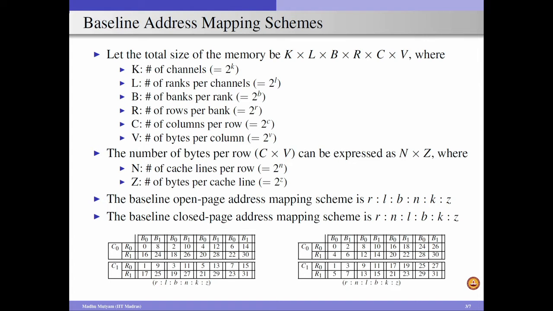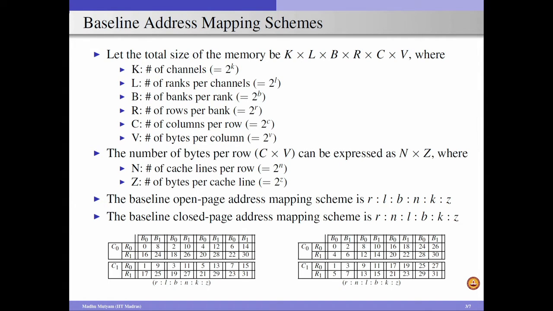Within that, for bank 0 of rank 0 of channel 0, the cache lines 0, 2, 4 and 6 are mapped, and similarly for channel 1, rank 0 and bank 0, we map the other 4, that is block numbers 1, 3, 5 and 7. Similarly we can explain the other block positions in the address mapping for open page policy.